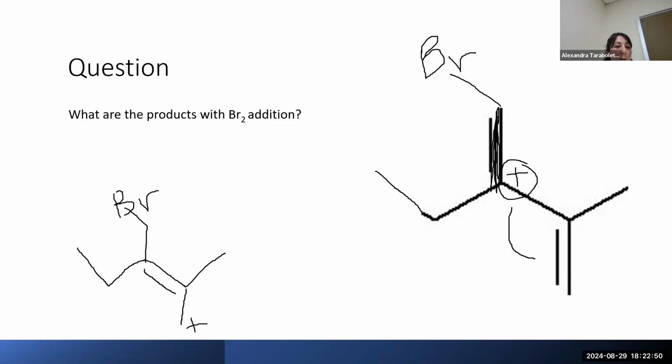So now the second step happens, and I'm going to add my second bromine where the positive charge is on each of these versions.